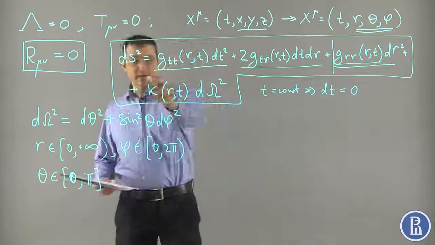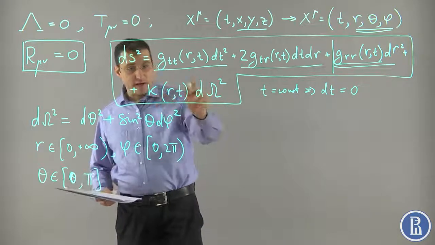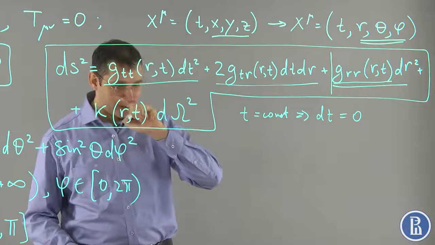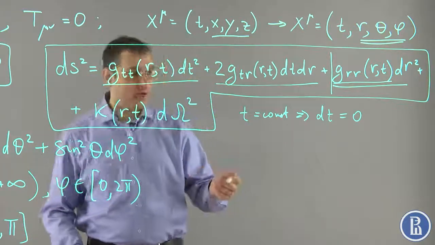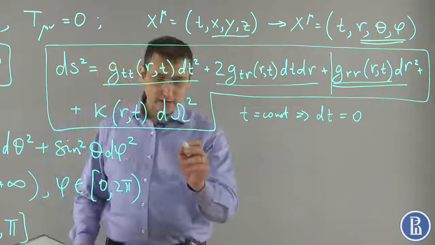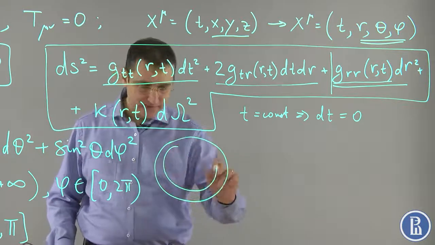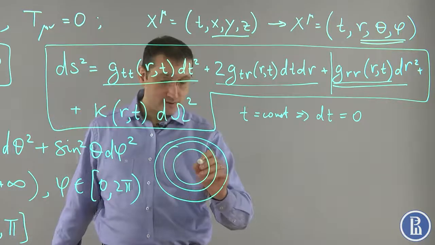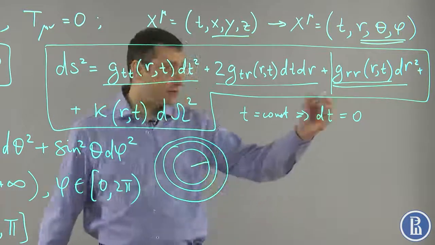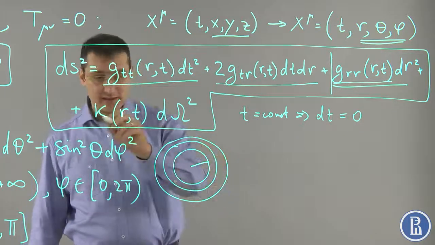And this part specifies the area, how the area of the spheres is changing. We encounter a little bit unusual, for the first time, situation that our space is sliced like an onion with spheres for a given moment of time. The radii of these spheres are set by this quantity, while the areas of these spheres are set by this quantity.